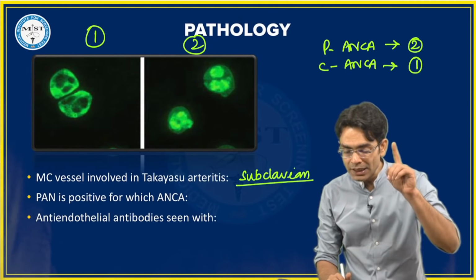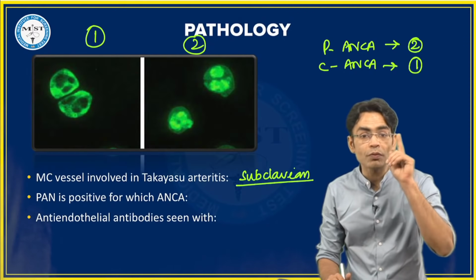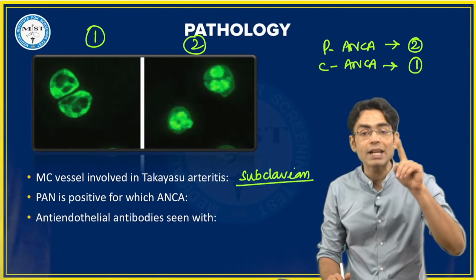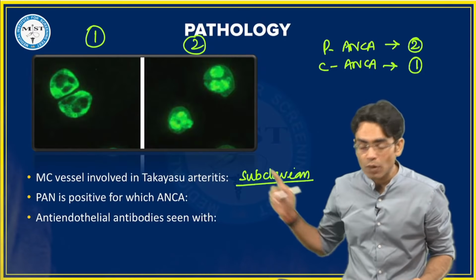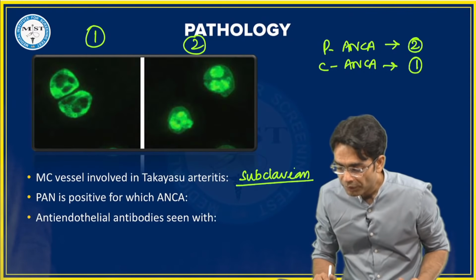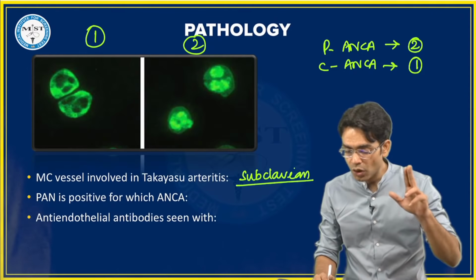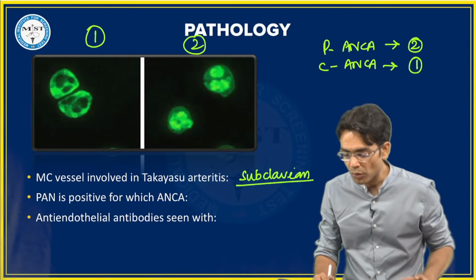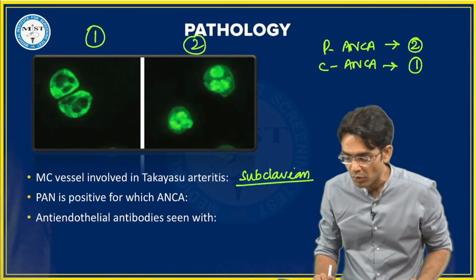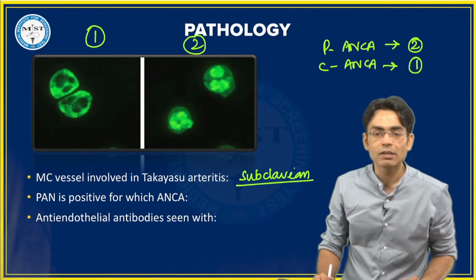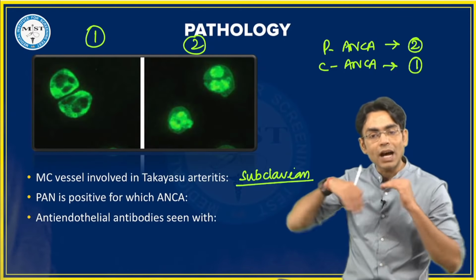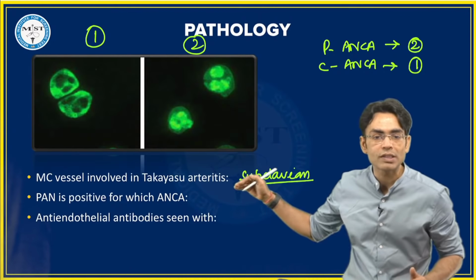No, beta, Alia, it is not the superficial temporal artery. Superficial temporal artery is involved in giant cell arteritis. Takayasu arteritis is subclavian. It is not temporal, beta. It is giant cell arteritis which is temporal. The arch of aorta is involved, and in the arch of aorta the most common vessel involved is the subclavian.